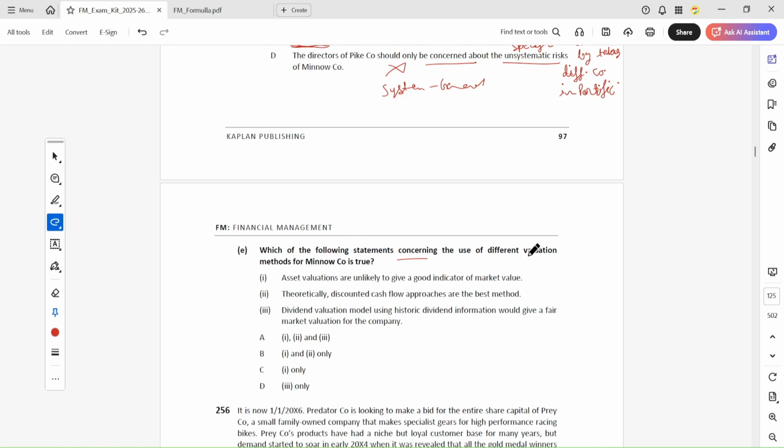Next, which of the following statements concerning the use of different valuation methods is true? Asset valuations are unlikely to give a good indication of market value.